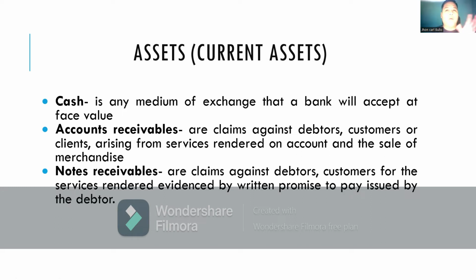When the instrument was made, who made it, the amount indicated on the paper, of course, and the date when it will be paid by the customer. So again, a written promise to pay issued by the debtor.